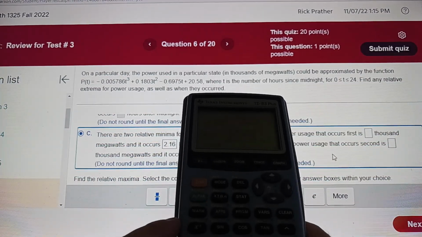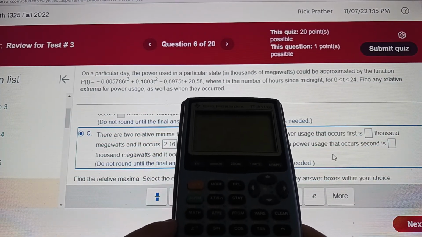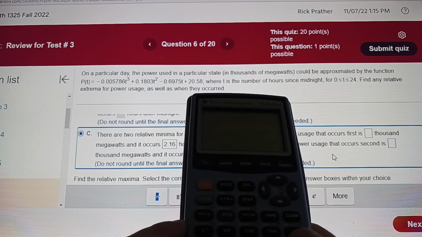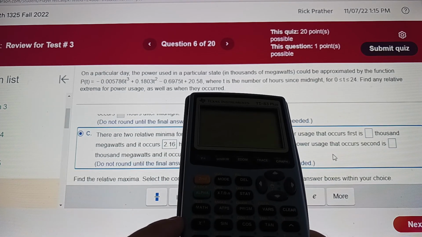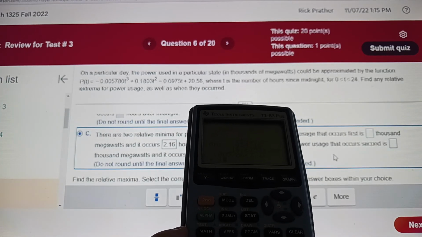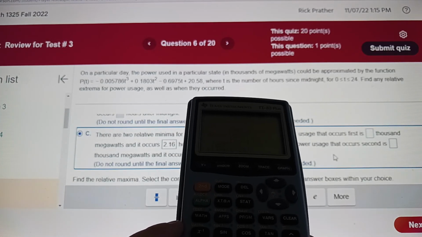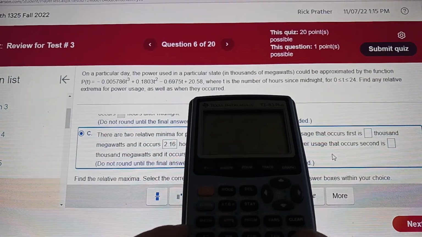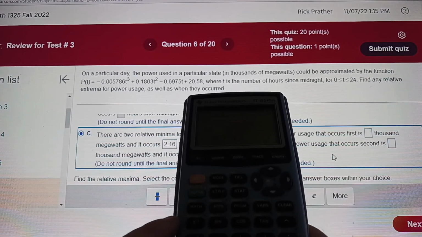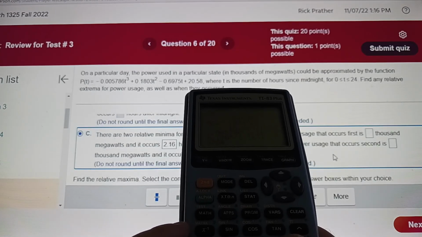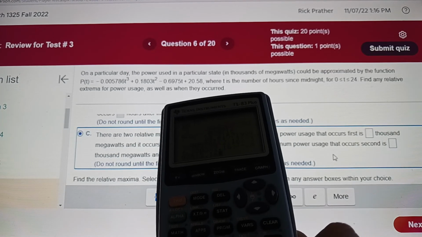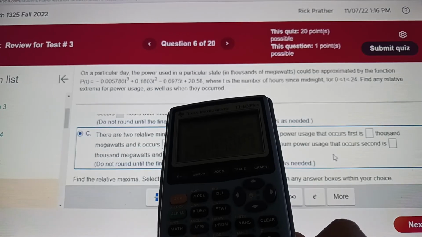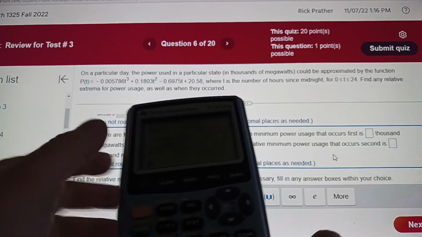Negative 0.005786 times 2.16 cubed plus 0.1803 times 2.16 squared minus 0.6975 times 2.16 and plus 20.58.